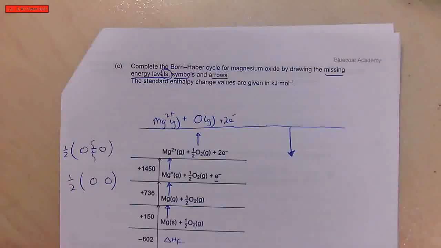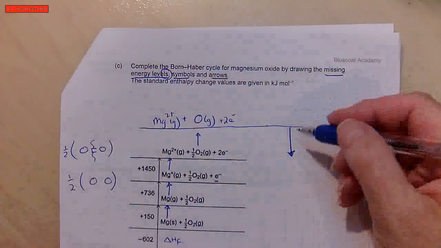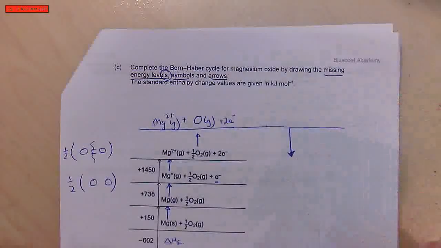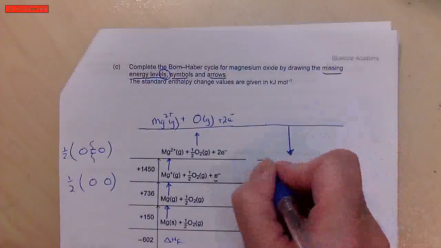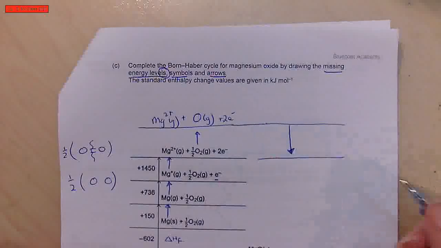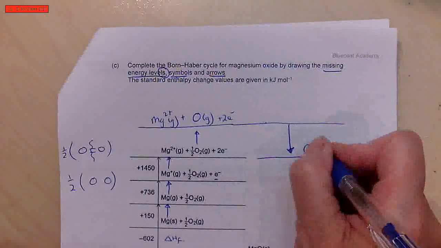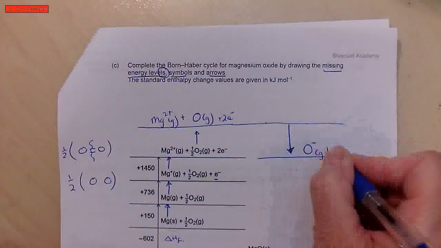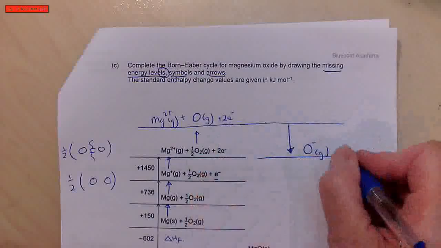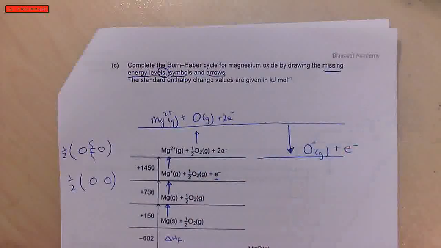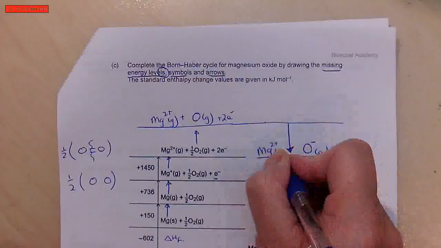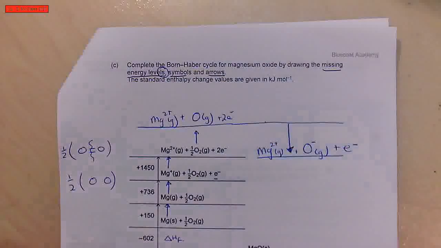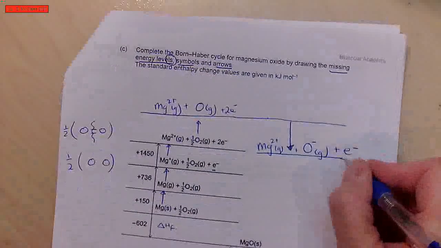So the oxygen is going to gain an electron, so it's going to be O- as a gas. I've used one of those electrons, so there's the electron there. The magnesium hasn't changed, so magnesium 2+ gas, plus that, plus that.